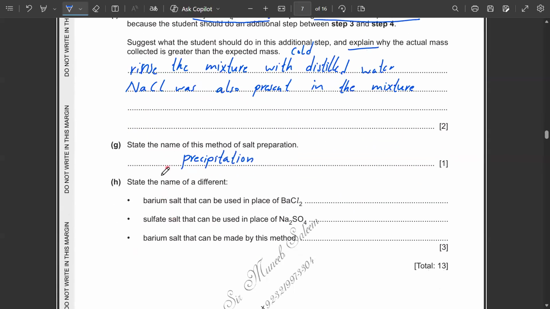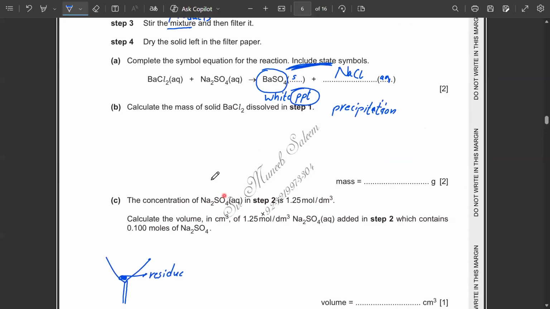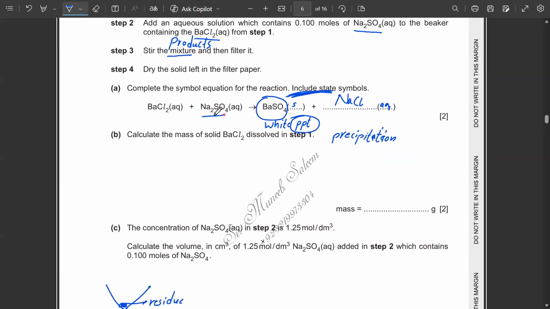Then part H: state the name of a different barium salt that can be used in place of the barium chloride. Since we are using a soluble salt that reacts with the other salt here, sodium sulfate, we need to use any other barium salt that must be soluble.